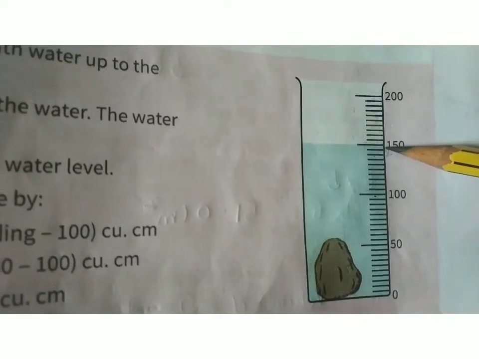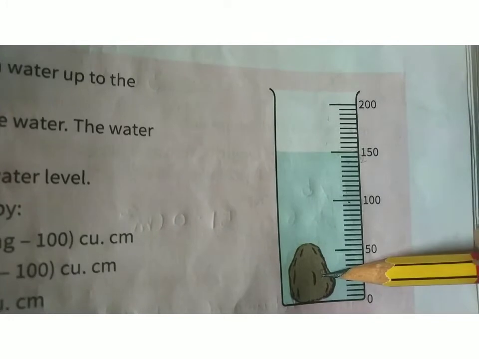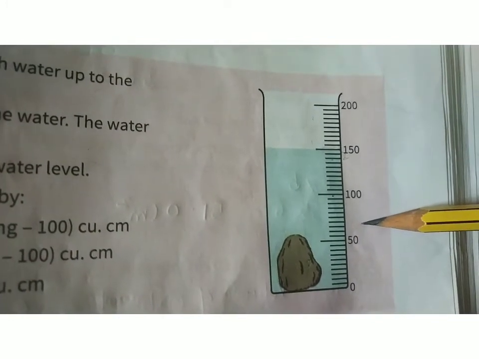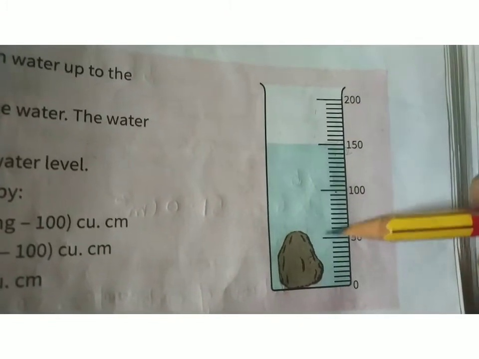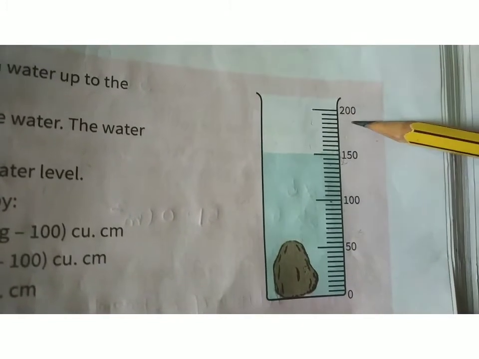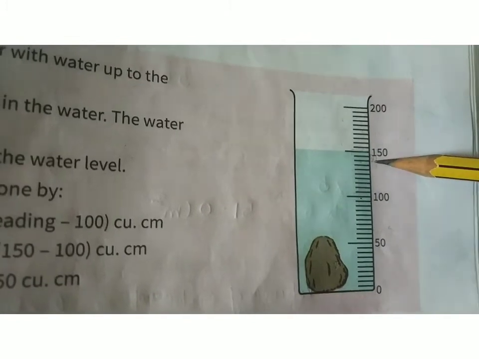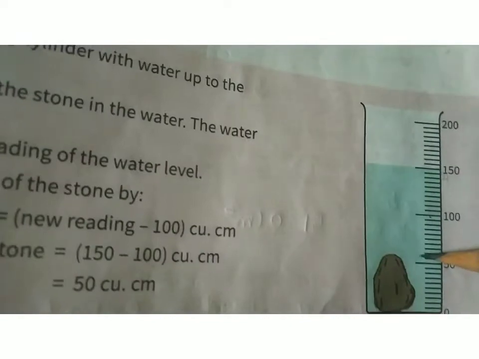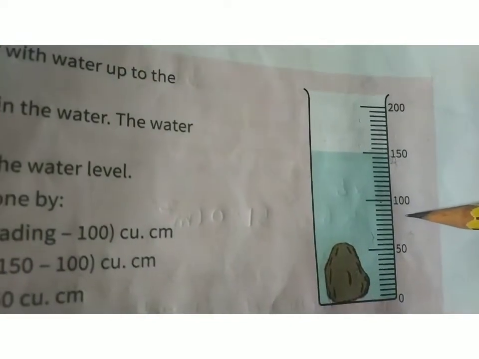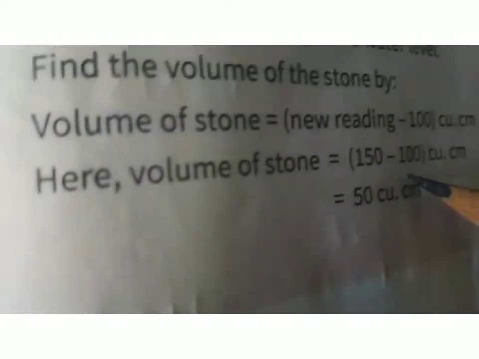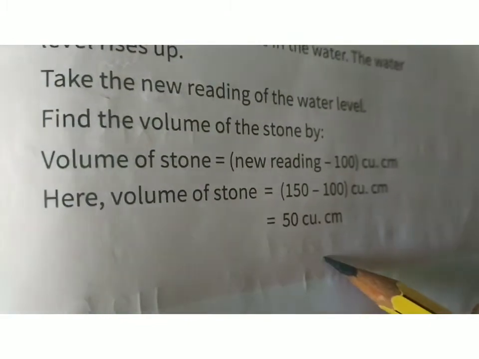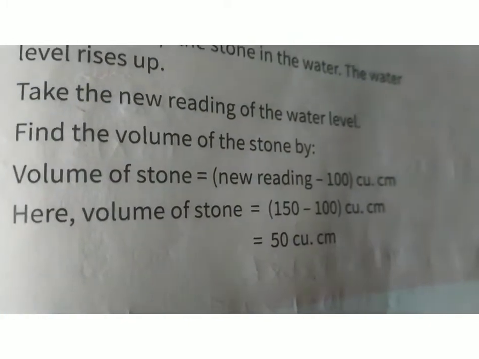Okay, children. So what will be the volume of the stone? The reading was 100 cubic centimeter before putting the stone into the water, and the new reading is 150 cubic centimeter. So the volume of the stone will be 150 minus 100, that is 50 cubic centimeter.